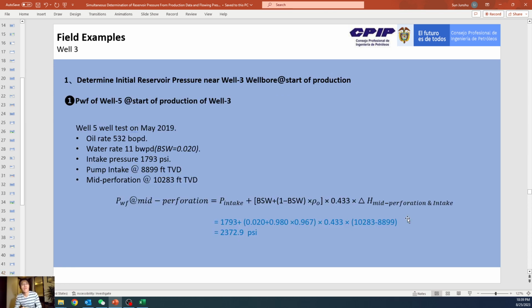Step 1. Determine initial reservoir pressure near well 3, well 4 at the start of production. Fluid pressure of well number 5 at the start of production of well 3. Well 5 was tested in May 2019. Oil rate 532 barrels per day.